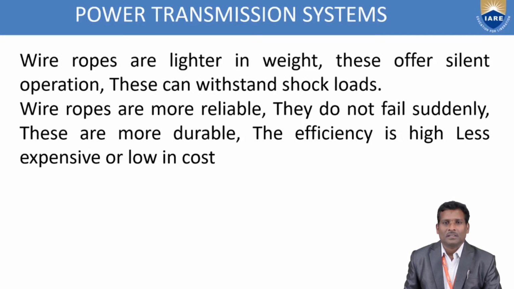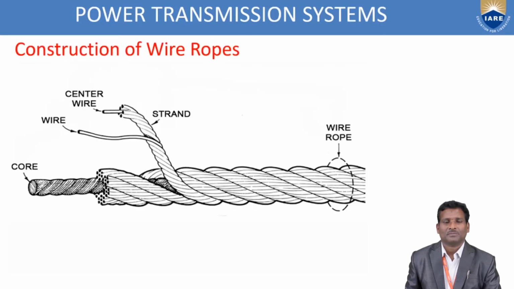Wire ropes are lighter in weight, give very noiseless operation, withstand shock loads, and are more reliable. They do not give sudden failures. The efficiency of the rope drive is very high, and it is less expensive and low cost.